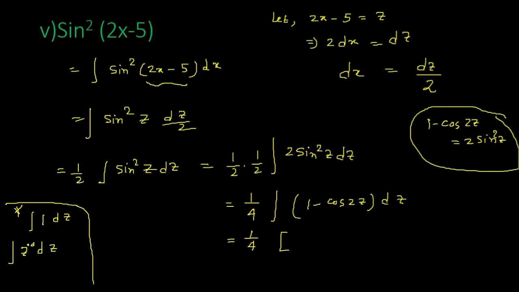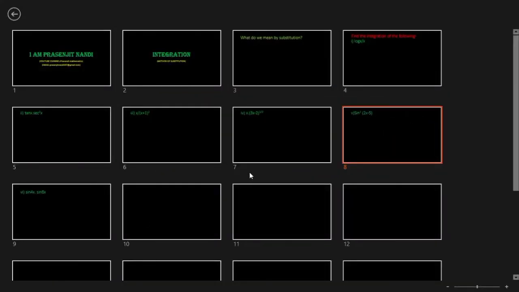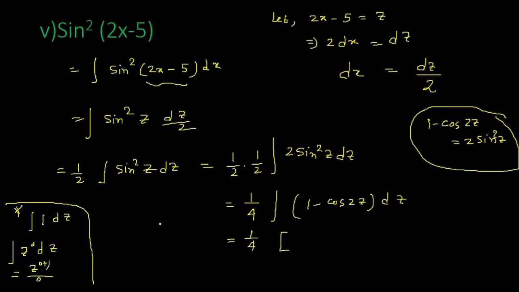Applying the formula, z to the power 0 plus 1 by 0 plus 1, that will become z to the power 1 by 1, that is z. So the integration of 1 is nothing but z.